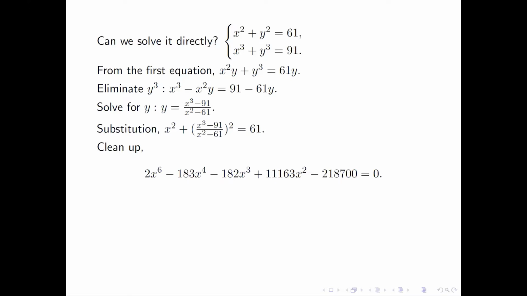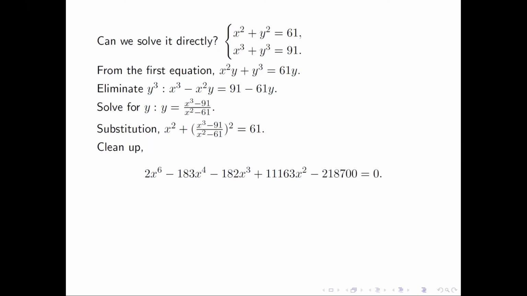That means we have 6 roots for x. The question is, can we solve it? Or more clearly, can we factor the polynomial? Well, in theory, yes, but in practice, I don't know.